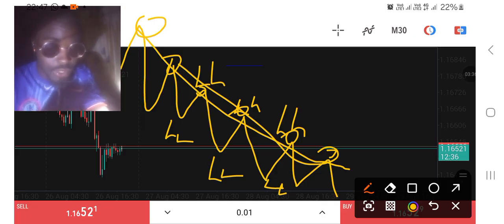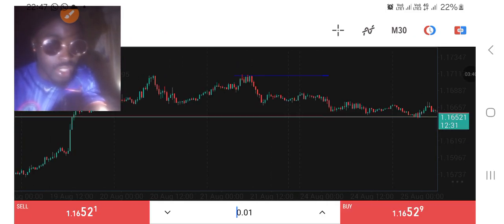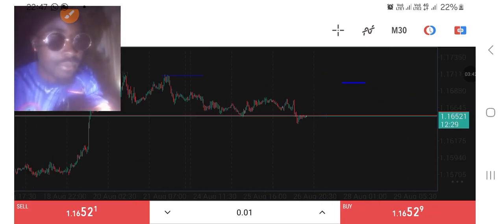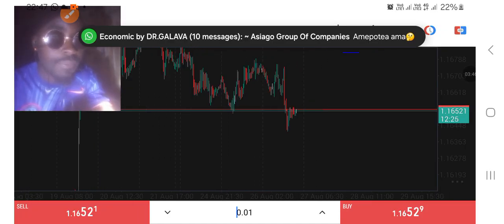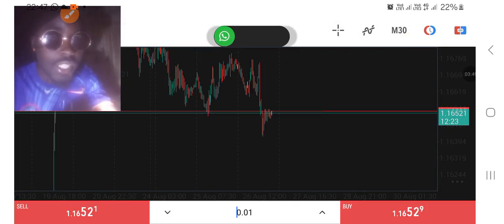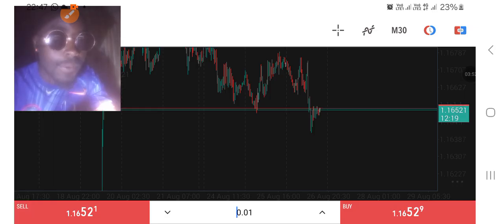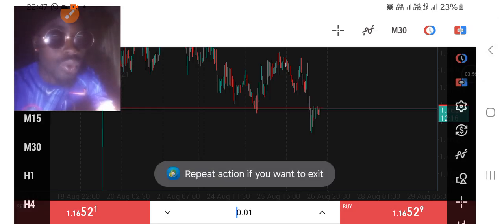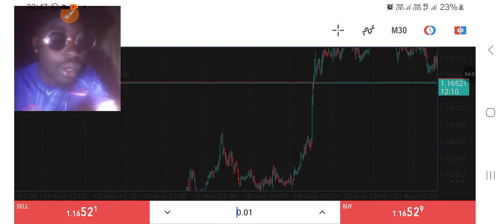So this line is what I'm speaking about. Let's go to the real chart. In the real chart, sometimes you need to enlarge it so that you can look closely and make a very good decision when you are trading.